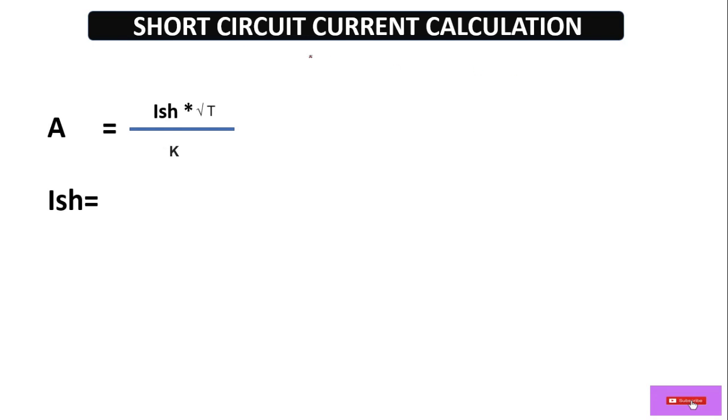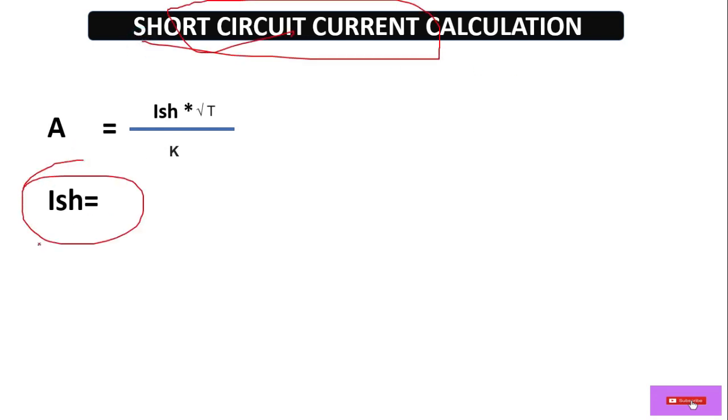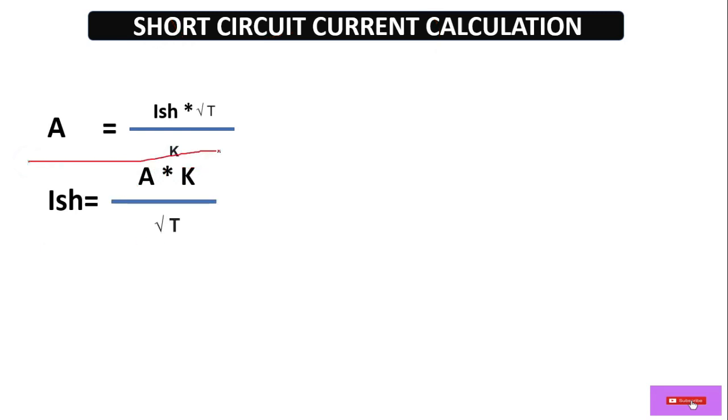Here we are going to calculate the short circuit current, so let's rearrange it: Is equals A times K, divided by square root of t. This is the formula for short circuit current calculation.